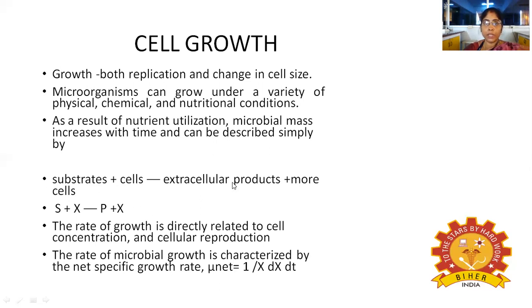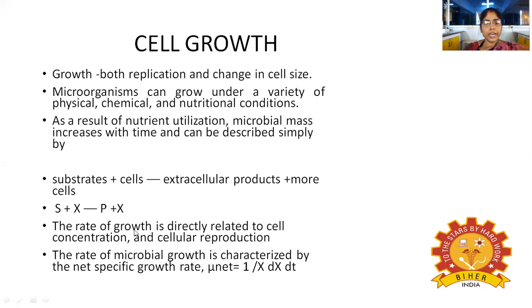The product might be an intracellular product or an extracellular product. Along with this product that will be formed, the biomass will contain a greater number of cells, as the cell is able to reproduce along with the product. When we talk about the rate of growth, how is it directly related?